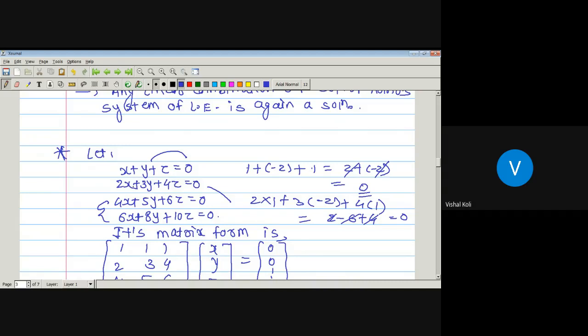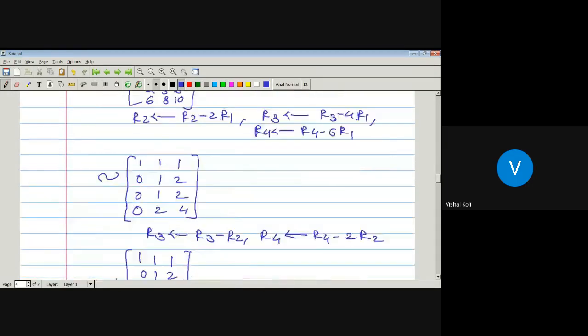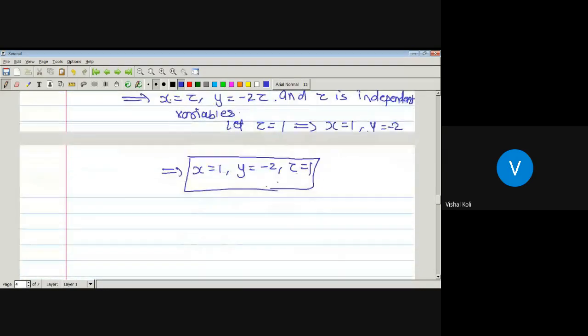As we get values of x, y, z which satisfy all four equations simultaneously, it means it has a solution. And we already know that a homogeneous system of linear equations always has a solution, which is the trivial solution, taking x, y, z as 0. But here we get values of x, y, z which are not equal to 0 and which also satisfy all the equations simultaneously.